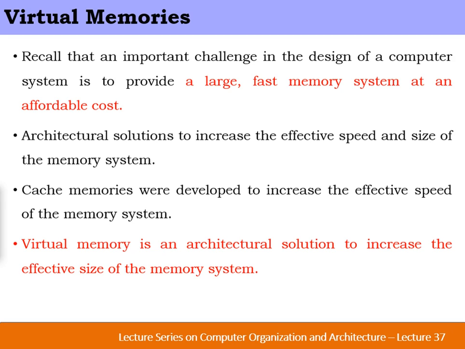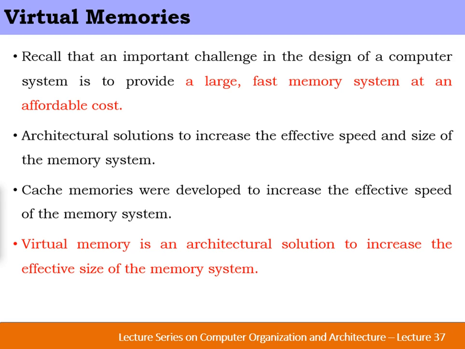In the previous lecture, we discussed that to increase the speed of the memory system we made use of a cache memory. It is an architectural solution developed to increase the effective speed of the memory system.